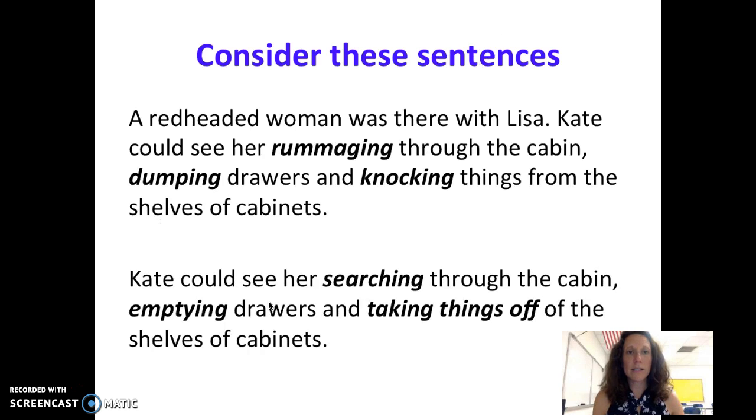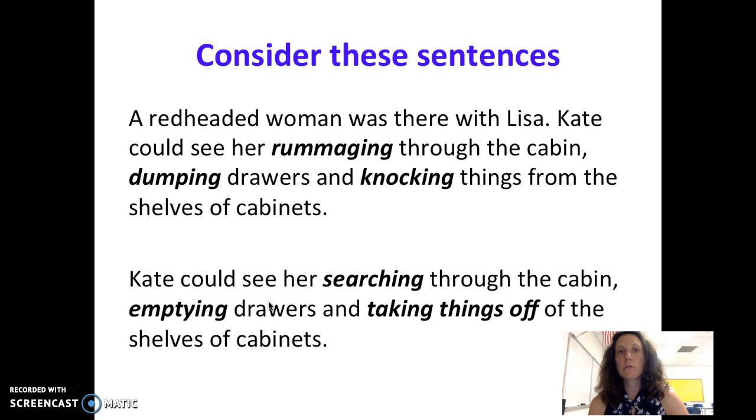All right, let's take a look at some examples of diction. Okay? Look at these two examples. Take a minute to read them. There might be some words in here that are difficult for you in English, so that could make this hard for you.